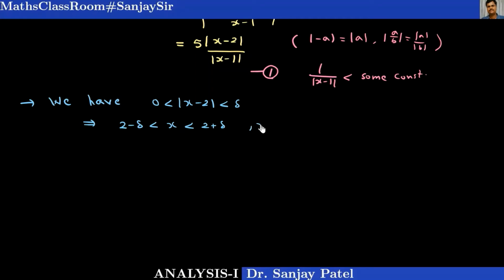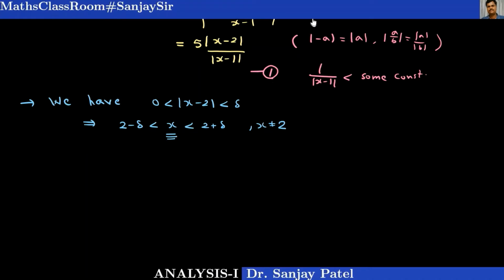And remember that because of this strict inequality, x is not equal to 2. Now the next step is, as I told you, my aim is to make 1 upon mod of x minus 1 less than some constant. Okay, so I will try to bring x minus 1 here as that middle term in this inequality. So for that, first of all, subtract 1 from this inequality.